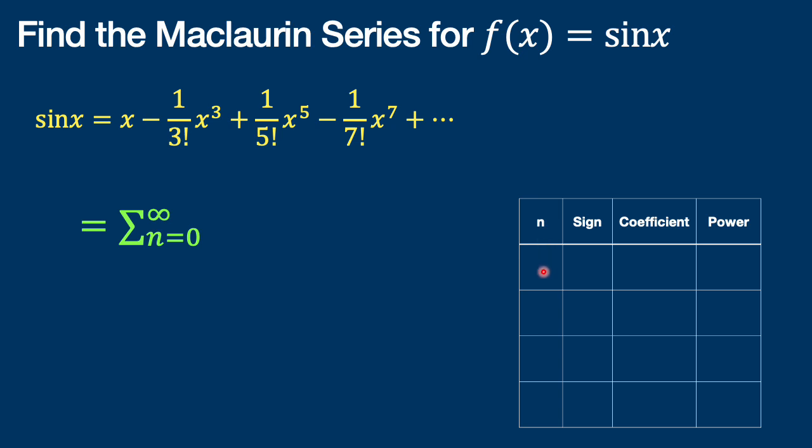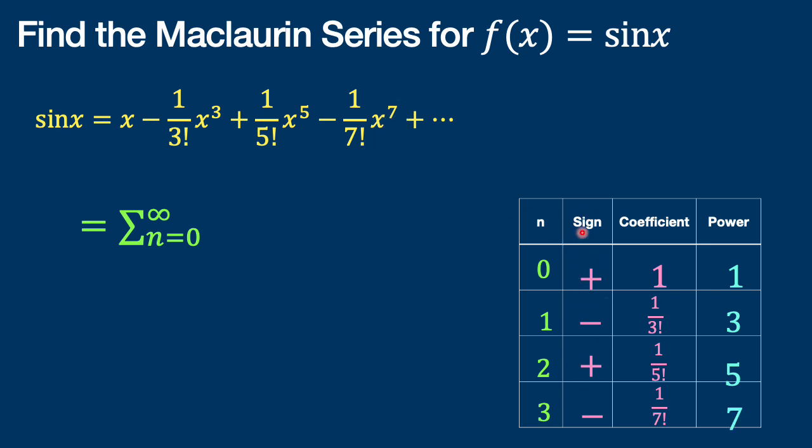The starting point is n equals 0, where the sign is positive, the number is 1, and the power of x is 1. The second term is right here: n equals 1, the sign is negative, the number is 1 over 3 factorial, and the power is 3. n equals 2, the sign is positive, the coefficient is 1 over 5 factorial, and the power of x is 5. n equals 3, the sign is negative, the coefficient is 1 over 7 factorial, and the power is 7.